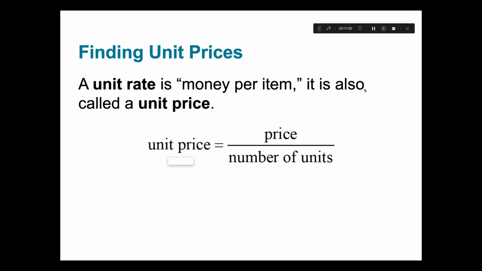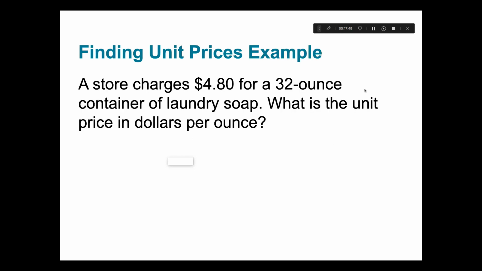Next, we're looking for how much we can pay per unit, which is called a unit price. Same thing, we're just figuring out how much each unit costs. A store charges $4.80 for a 32-ounce container of laundry soap.